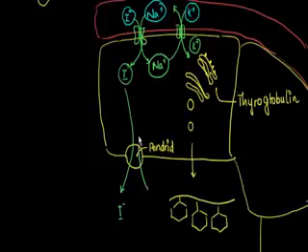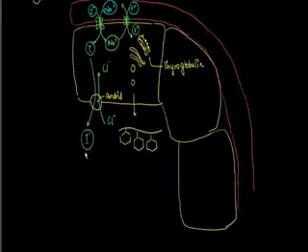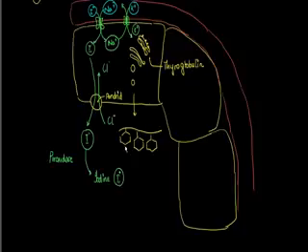In exchange, it transports back chloride ions. Iodide is then oxidized by the enzyme peroxidase to iodine. Now these iodine are attached to these tyrosine rings.